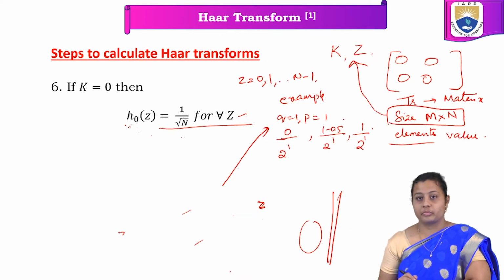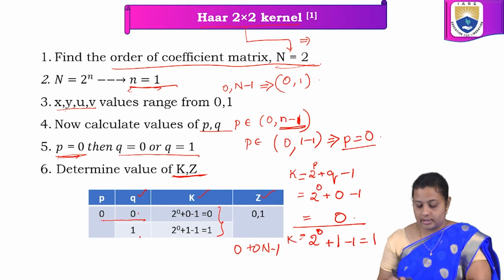So I can say that irrespective of the value of p, q and k values, z is ranging from 0, 1 to capital N minus 1. So this will give 0 to N minus 1, right?